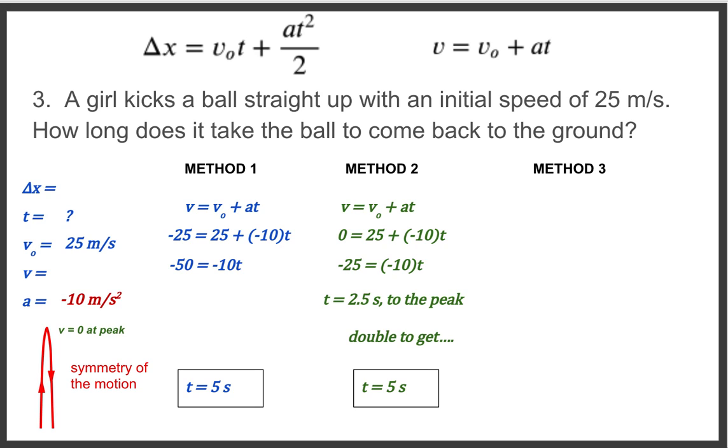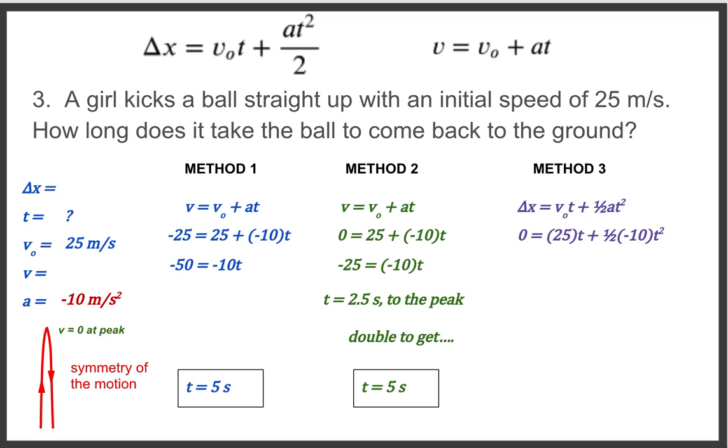Delta x is how far the object has gone compared to where it started. And so the third method actually uses the distance formula here and says that delta x would be 0, and still puts in the same sort of information, the initial velocity of 25, the acceleration of negative 10.